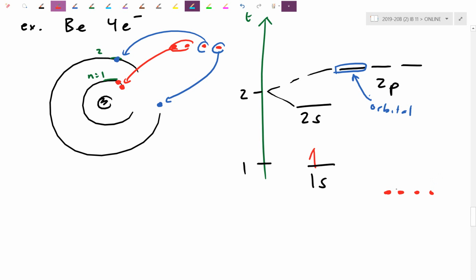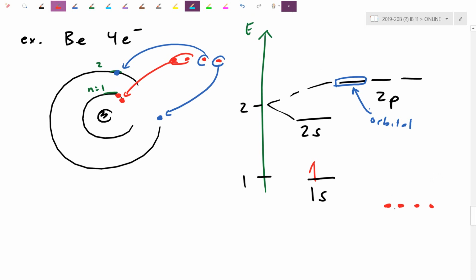Second guest arrives, the whole hotel is free to it. It also wants to be close to the core, so second guy, even though it doesn't really like this electron that's already there, it's going to go in, ensuring that it has a downspin. Third electron realizes, well, this room here is maxed out. This room here can only handle 2. I need to take the elevator up to floor number 2.